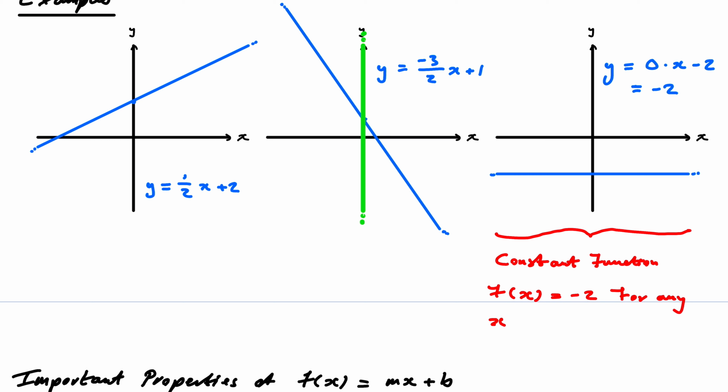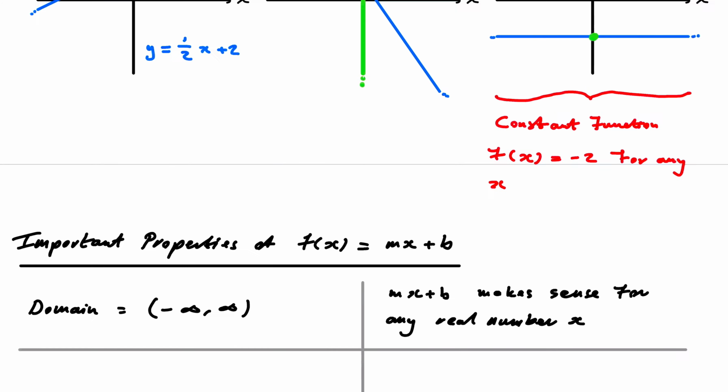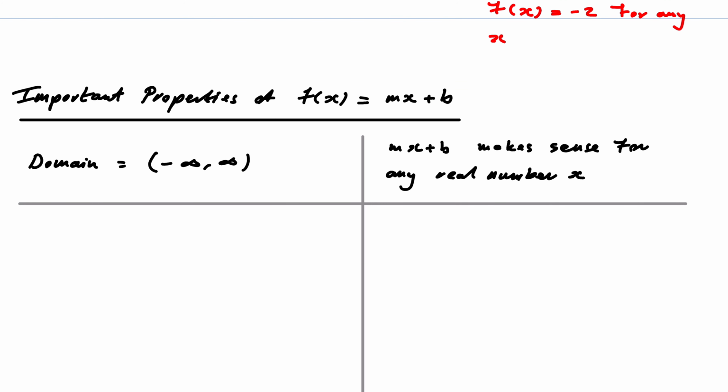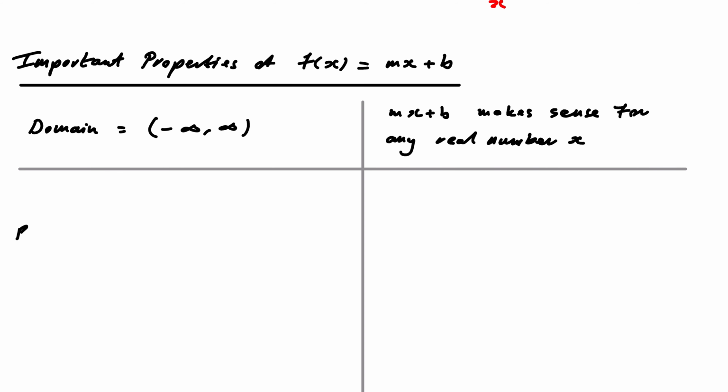However, if you were zero slope, only one value would be taken. So we've got to split this into two possibilities, rather annoyingly. So if m is not equal to 0, it's all real numbers.